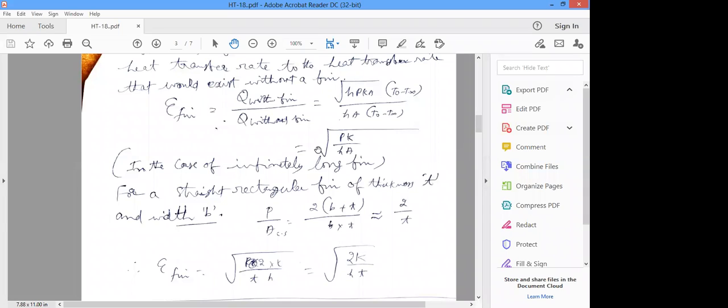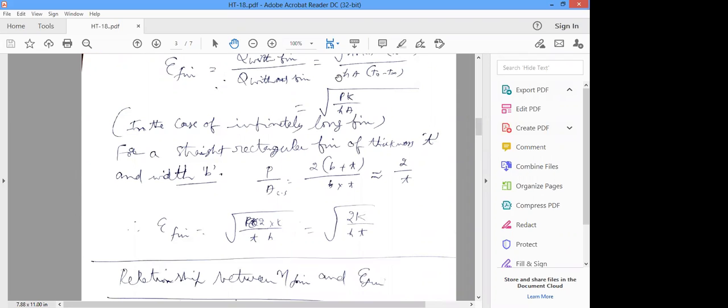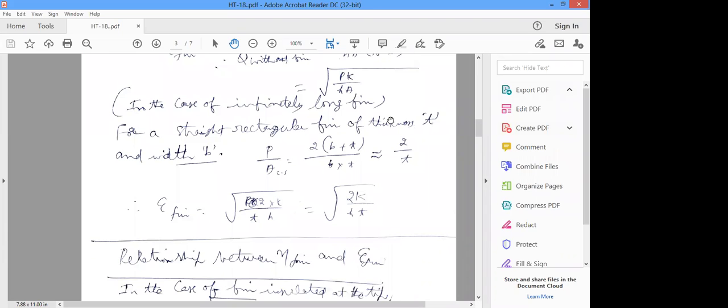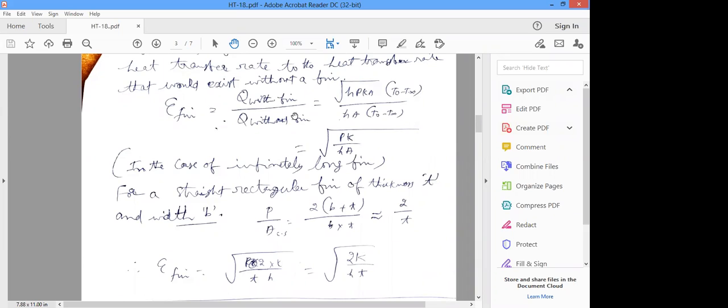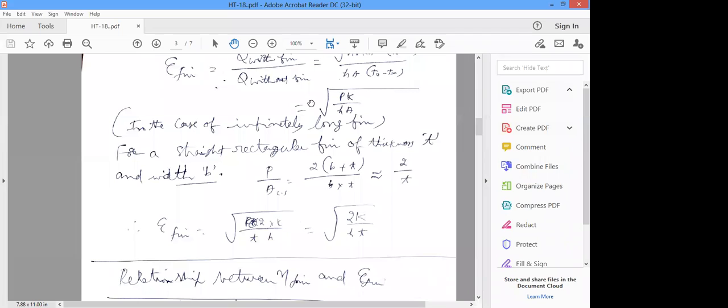Similarly, we can calculate the effectiveness for the second case, the insulated fin, and for the third case, the short fin. So for a long fin, the effectiveness is equal to the square root of Pk by hA.